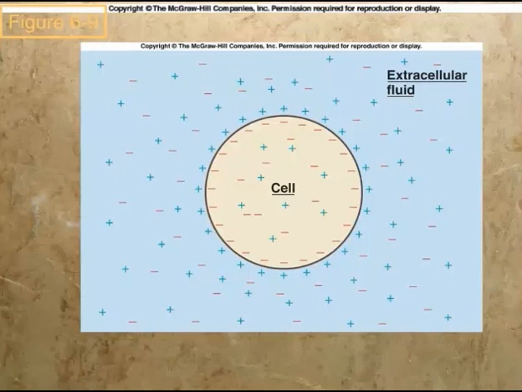A concept you need to keep in mind at this point is that the cell membrane itself is composed mostly of lipids, which do not allow these charged ions to readily cross back and forth from the cell interior to the cell exterior. The only way for these charged ions to travel across the cell membrane is through channels that span the lipid cell membranes.